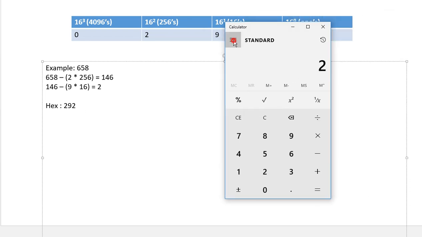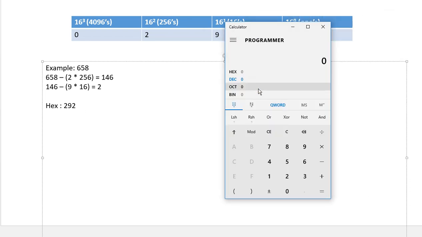If we open up the programmer on the calculator and enter the number 658, you'll see the hex value is actually 292. Since we switched to hex mode, it shows us all the notations we can use for that as well. So the denary number, which is in decimal, 658 is 292 in hex.